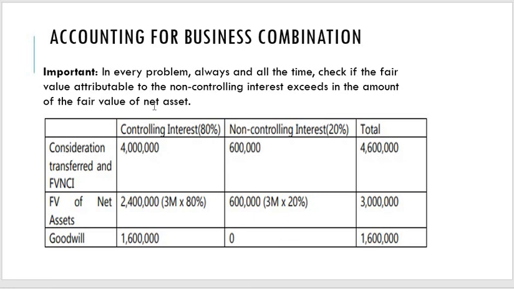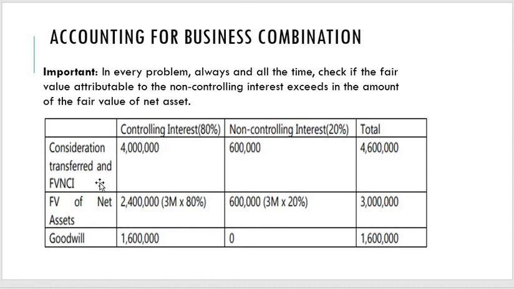Wherein, same as before, the controlling plus non-controlling interest is 4.6 million, and then fair value of net assets is 3 million, so you have goodwill of 1.6 million. Because automatically, what we use is the proportionate approach, since we can never use the fair value option.